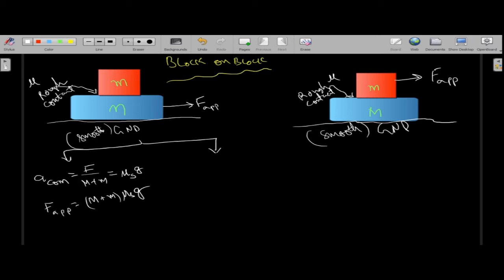For the upper block, let us see what happens. For the upper block, the gravitational force of small mg acts in the downward direction, the normal reaction acts in the upward direction, the frictional force acts in this direction as small f, and the pseudo force, F_PF, nothing but the pseudo force, acts in the backward direction. In such a way the system has acceleration in the backward direction because it falls backward.